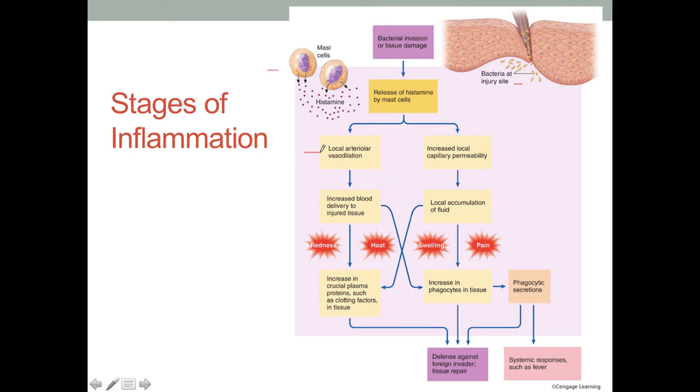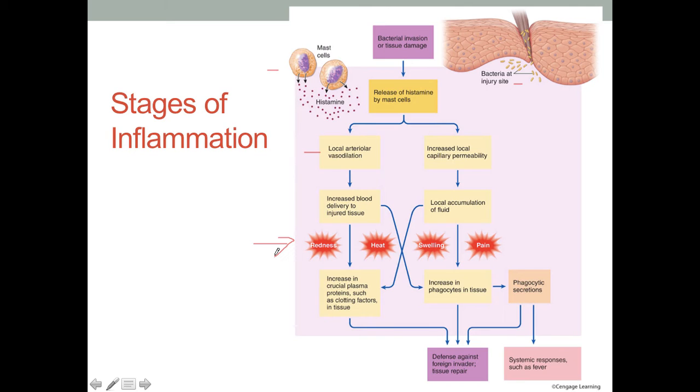Then with all of the immune cells, we will have a battle at the site of infection, which will cause us to see these classic symptoms of infection here. So we have the redness, heat, swelling, and pain. Redness and heat from the activation of the immune cells to that area to fight the bacteria.